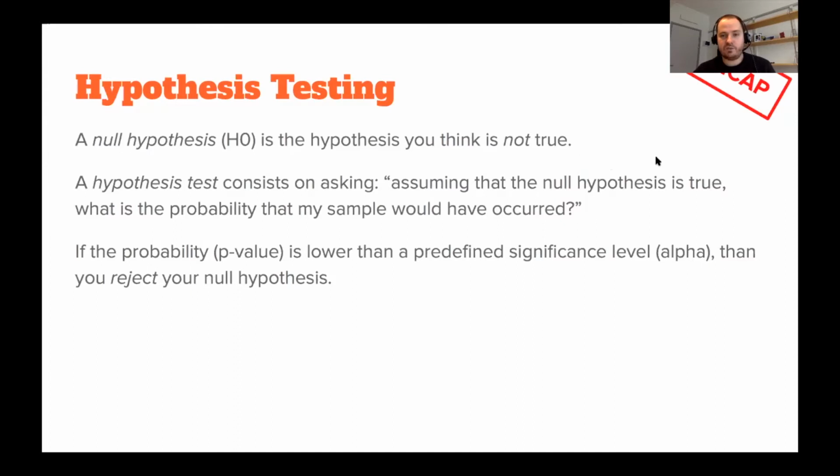We're going to assume that the null hypothesis is true. So let's say, okay, assume it's true because I'm giving it as a hypothesis. What is the probability that my sample would have occurred?